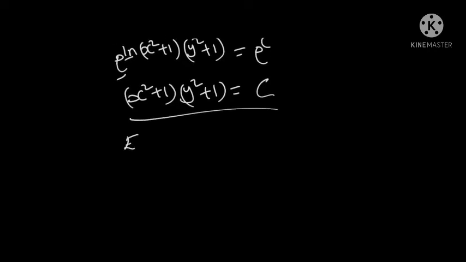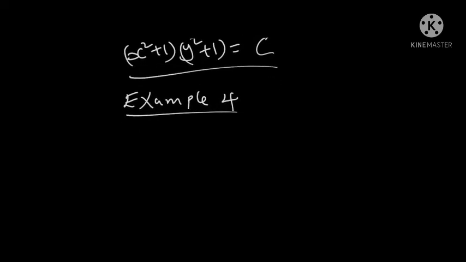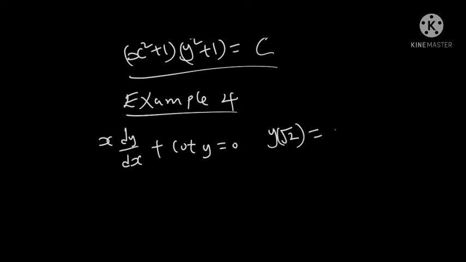Example 4. x dy over dx plus cot x plus cot y equals 0. In this question, we have been given the initial condition y of root 2 equals pi over 4.